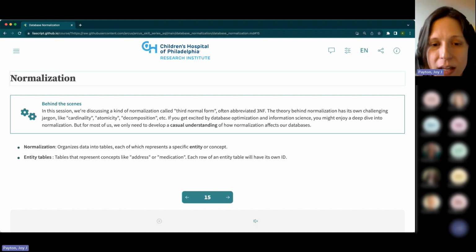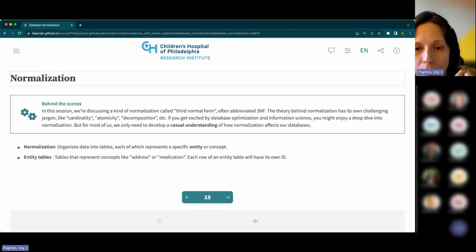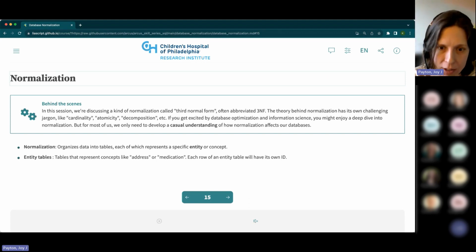But basically, in a normalized database, we separate data into tables. And these tables represent different logical concepts or entities, like an address, or a patient, or a medical device, or a medication, right? And we tend to only include in these tables the data elements that have one value that is relatively stable and won't change.